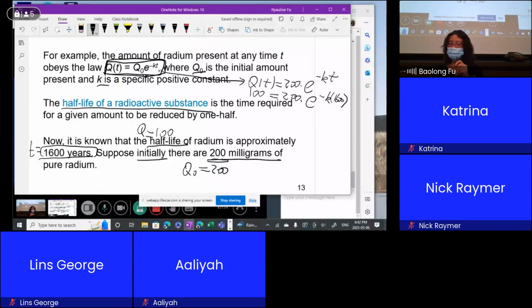And once you have this one, you have one equation, one unknown. Theoretically, you can solve for k. Okay. So how do we solve for k? Both sides divided by 200. You get this, negative 1600 k. Okay.